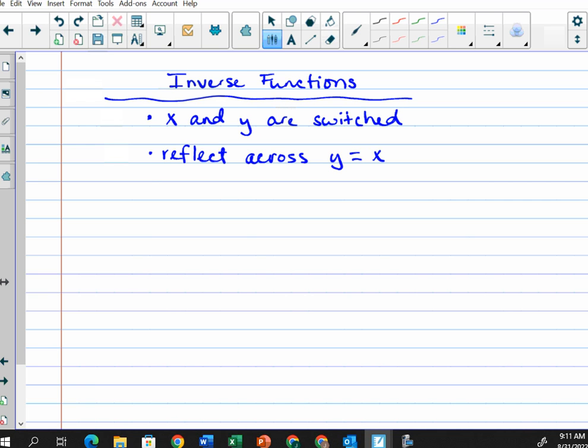And then we have this thing called 1-to-1. Both the original and inverse are functions.